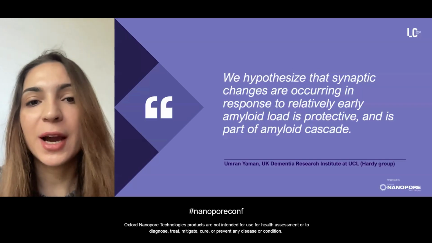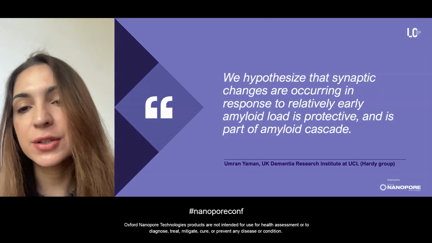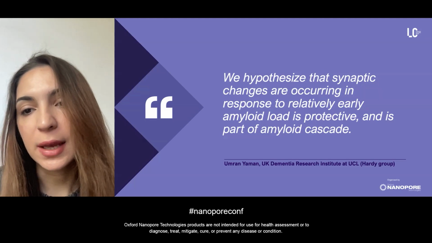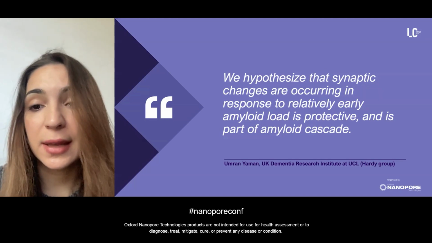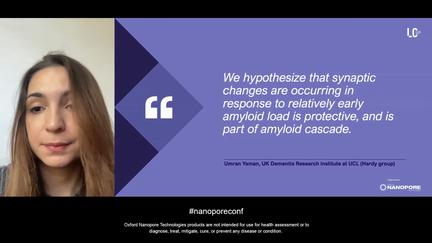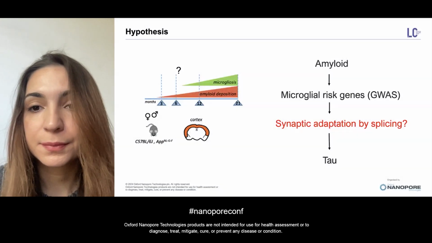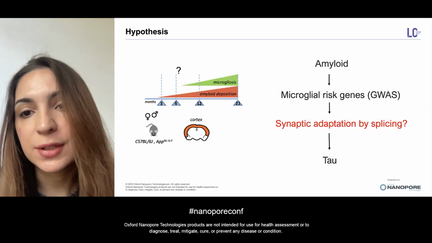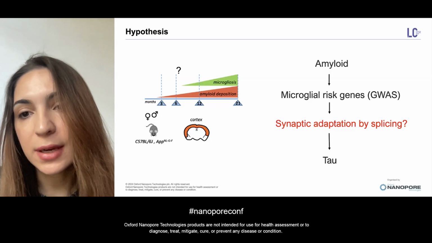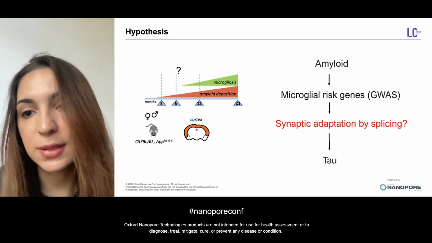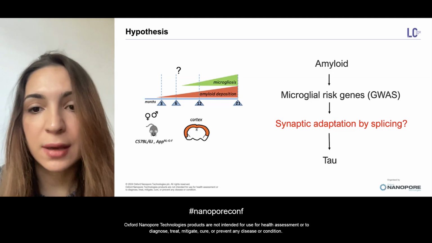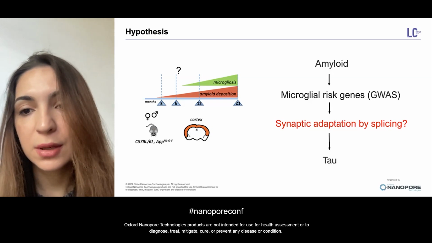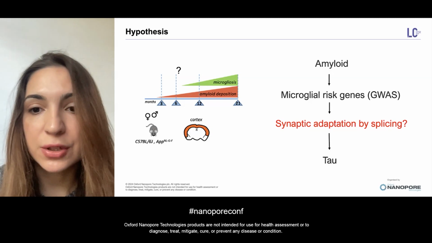Thus, we hypothesize that the synaptic changes occurring in response to relatively early amyloid load are a protective response and a part of the amyloid cascade. Our results suggest that the concurrent alterations in the synaptic physiology alongside the upregulation of the AD risk genes in microglial proliferation and activation during the initial stages of the disease progression align with the earliest cognitive changes.